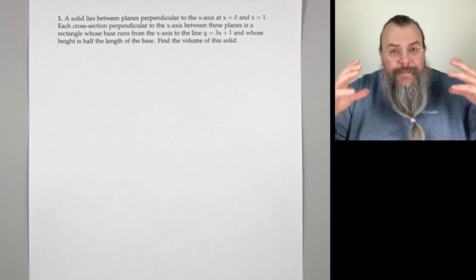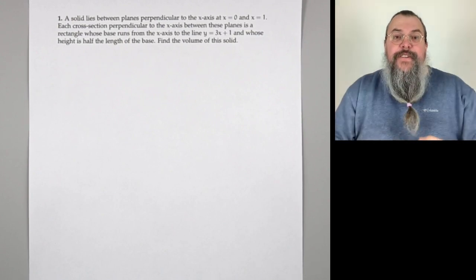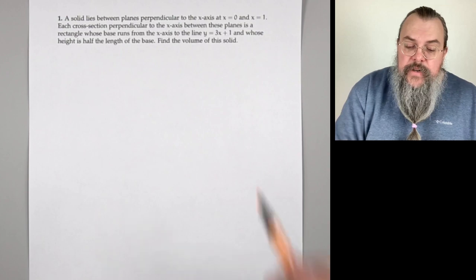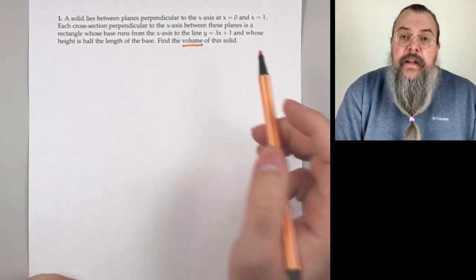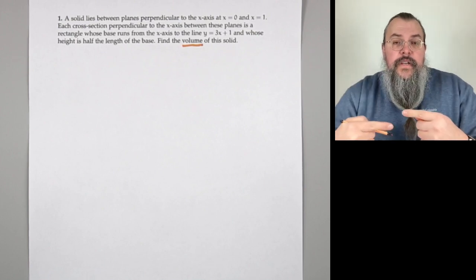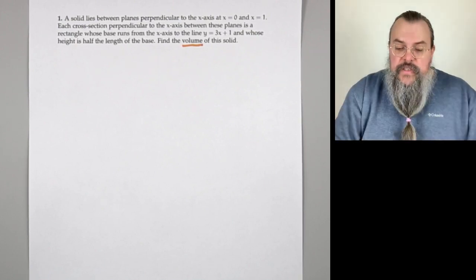Now, the hardest part about this problem is just unraveling what's going on. We know that we're after a volume. This particular solid is not a solid of revolution, so what is going on here is we're describing cross sections.